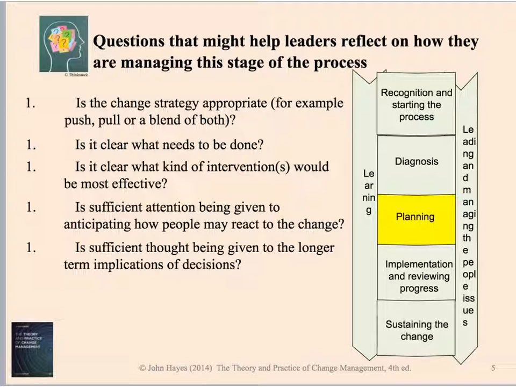Being clear, and I cannot stress this enough, clarity is so important. Clarity of the vision, the mission, and the values. What we're doing, why we're doing it, how we're going to be doing it, and really getting people on board is really crucial. If you set up the expectations correctly, this will also help you throughout all of these stages. Now, is sufficient attention being given to people and how they might react to change?